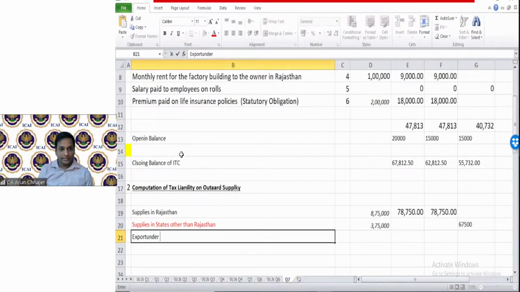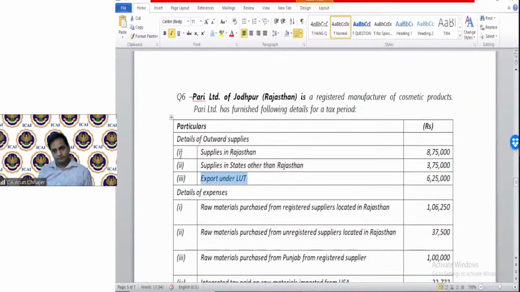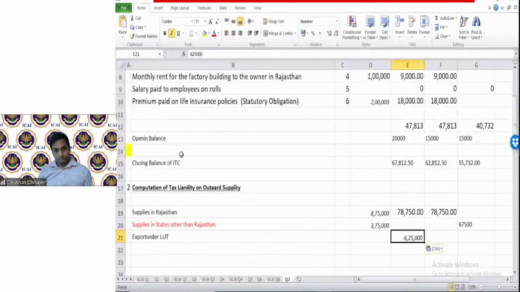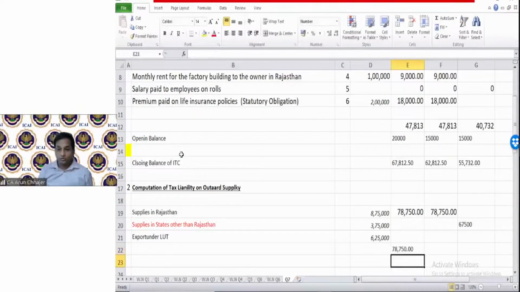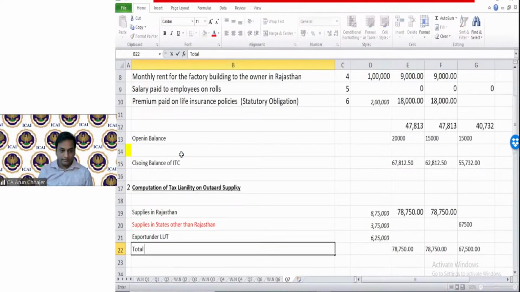Export under LUT. Because it is under LUT, there will be no tax. So this is my total tax liability.